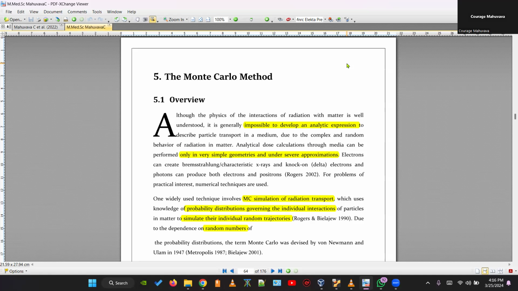There are convolution superposition algorithms, there is pencil beam, and there is X-ray voxel Monte Carlo, right? Which is a sort of truncated or condensed Monte Carlo simulation. So they do Monte Carlo simulations, but it's not a full simulation. It's a condensed one, so as to minimize the dose calculation time.